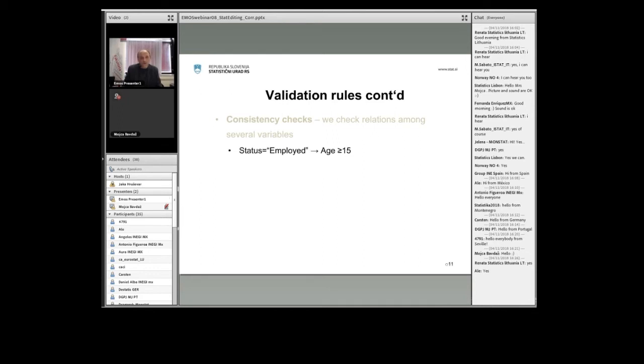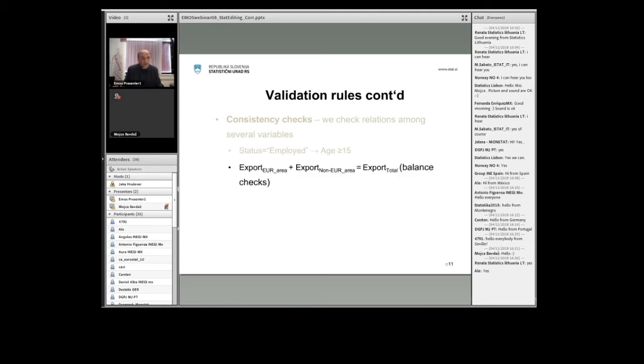If you have data that one person has the status employed, then his age should be, by our law, at least 15. And if you have data that do not fit this relation, you almost certainly have an error.